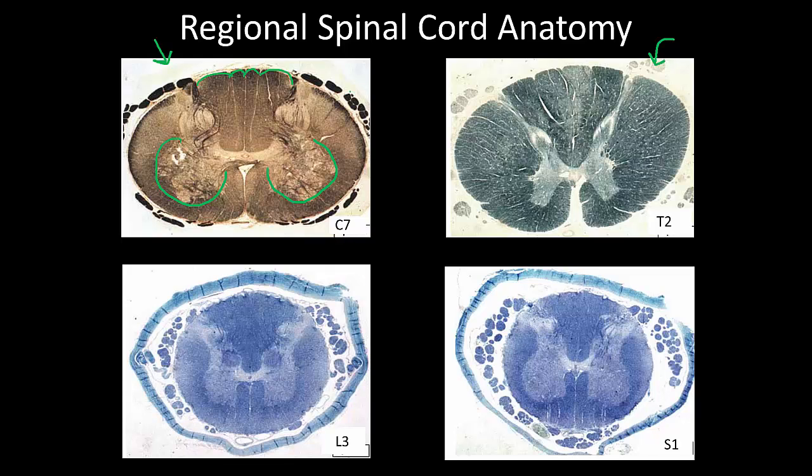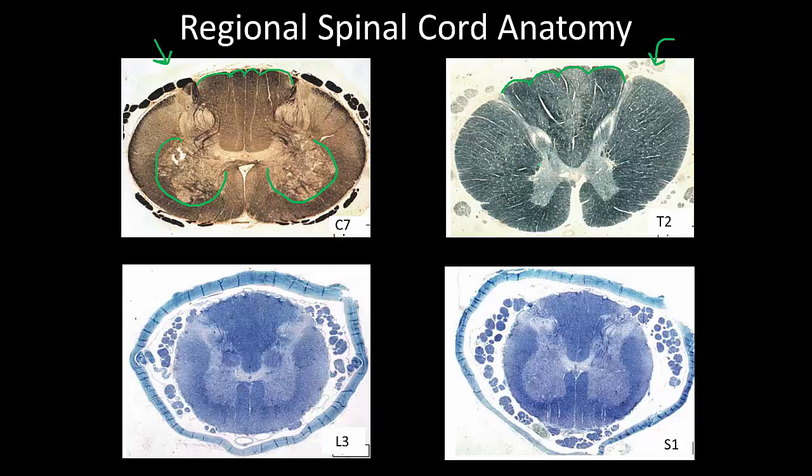The gracile and cuneate tracts are present in this region, but the cuneate tracts are only present from the levels of T6 and above. Below the T6 region, only the gracile tracts are present.